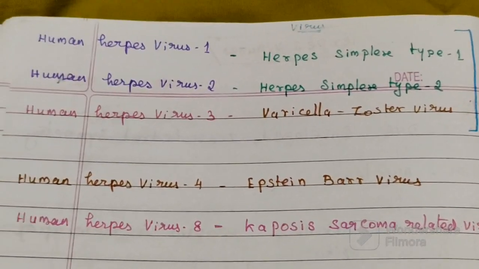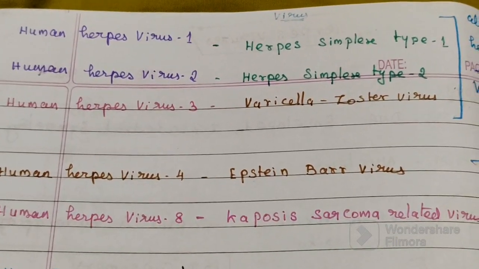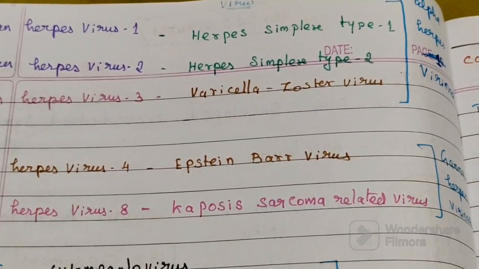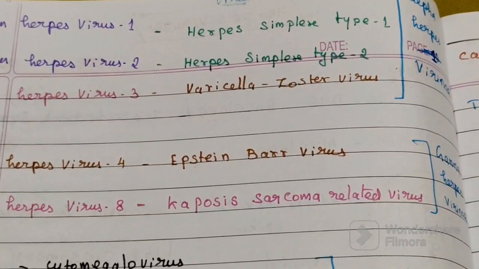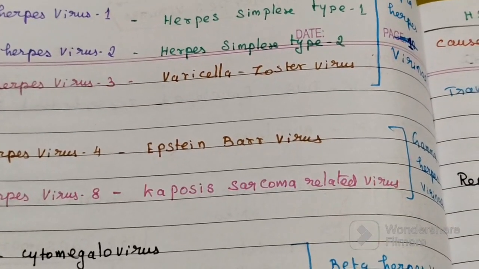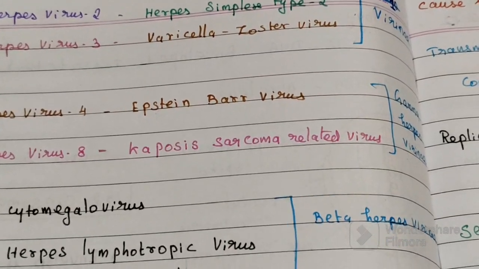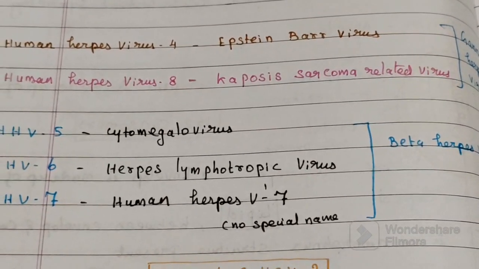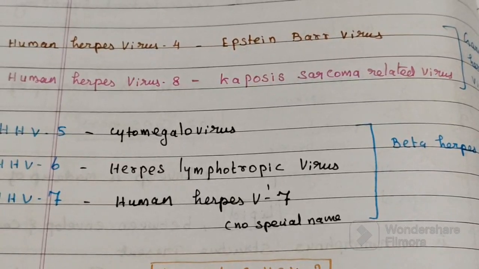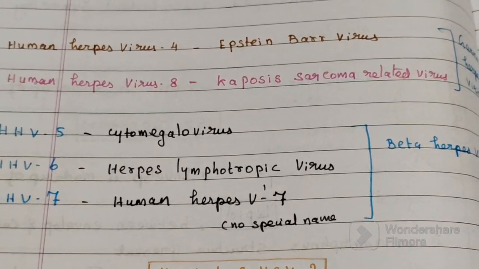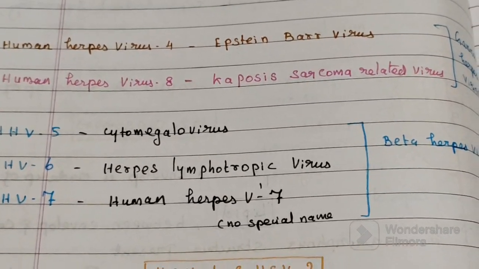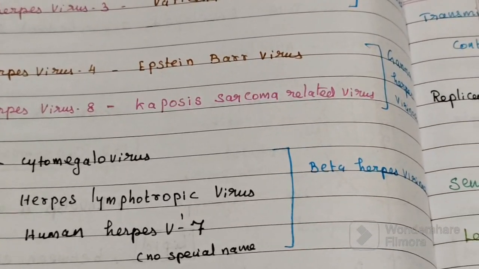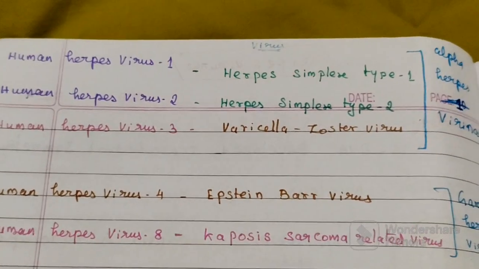So totally 8 viruses: 1 Herpes Simplex type 1, 2 Herpes Simplex type 2, 3 varicella zoster virus, 4 Epstein-Barr virus, 5 cytomegalovirus, 6 herpes lymphotropic virus, 7 no special name, and 8 Kaposi's sarcoma related virus.